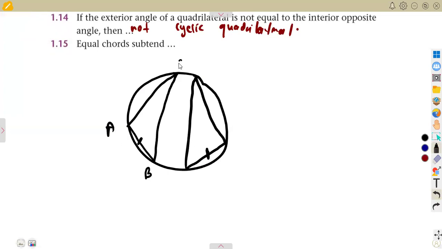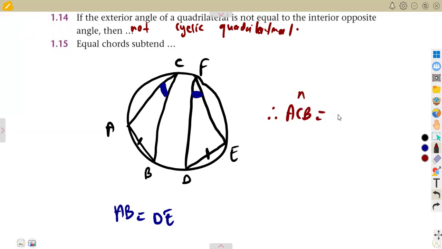Let us say this is C and this is D, E, and F. If AB is equal to DE, it means the angle at C and the angle at F are equal. The angles created by these two chords are going to be equal. Therefore, angle ACB is equal to DFE.